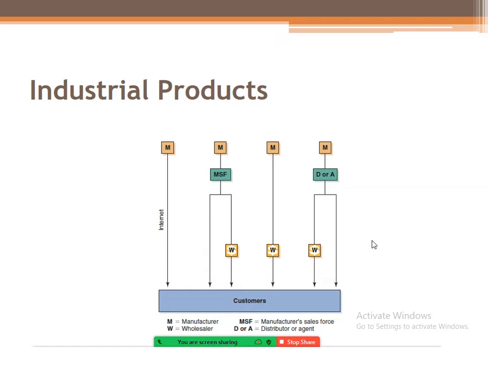Now consider the Boeing aircraft. Given the price, physical size, and complexity of a jet airliner, it is easy to understand why Boeing utilizes its own sales force. Other products sold in this way include mainframe computers and large photocopy systems. These are expensive, complicated products that require explanation of their characteristics and how you are going to use them.